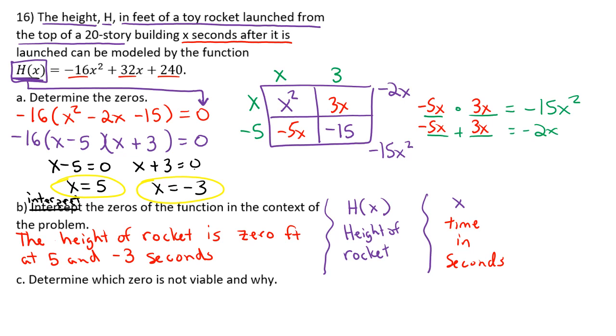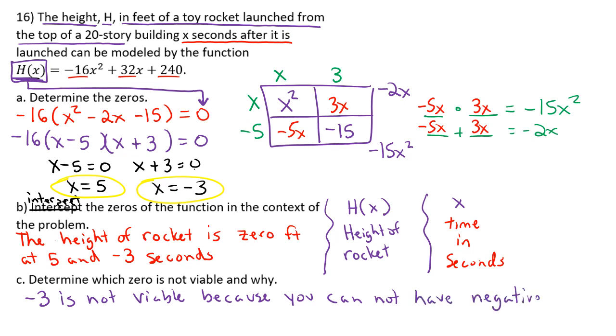So -3 is not viable because you cannot have negative time.